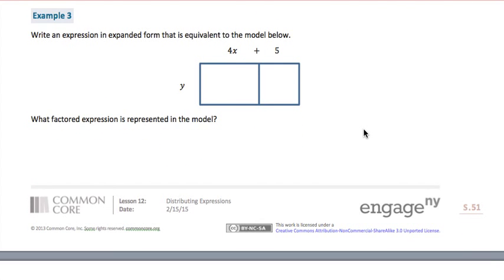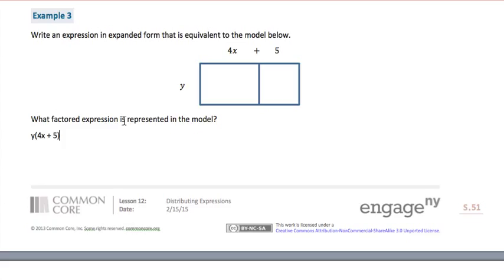So now we have in example 3 a drawing very similar to our area drawings from previous lessons. They're asking us to write an expression in expanded form that is equivalent to the model below. So we have y that's being multiplied by (4x plus 5).